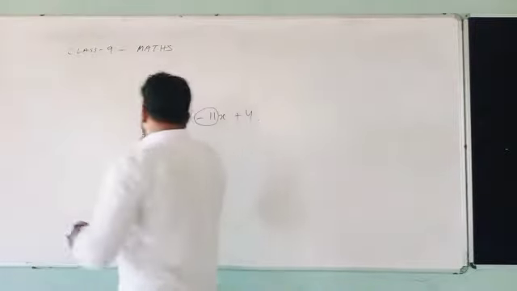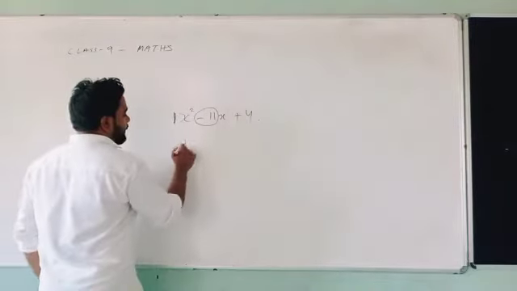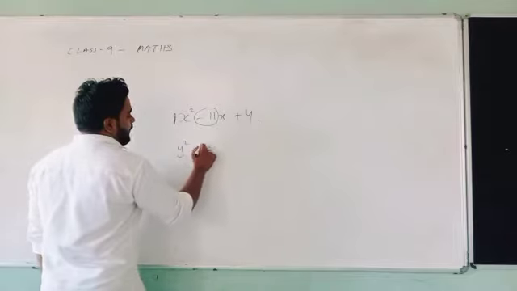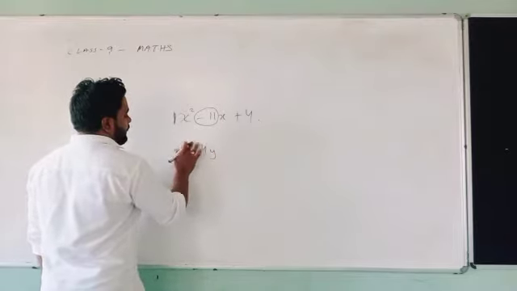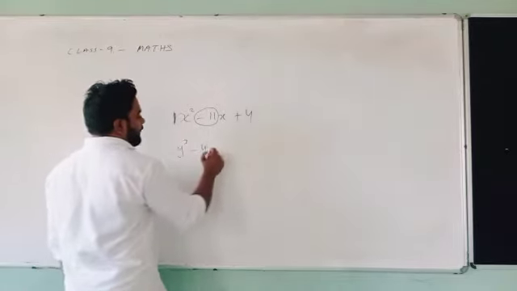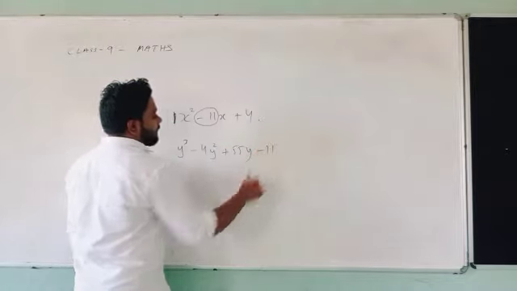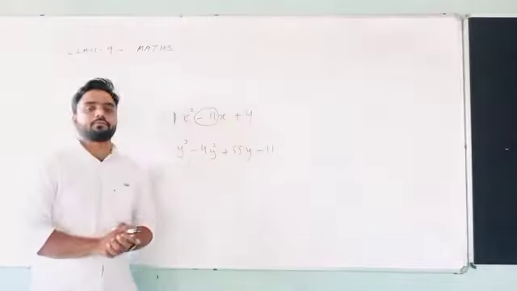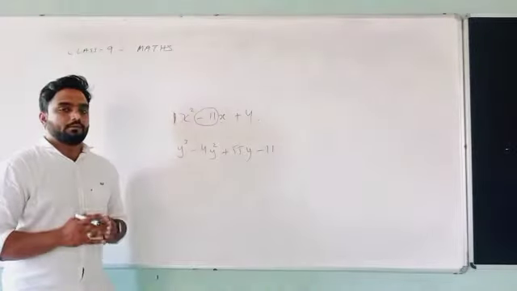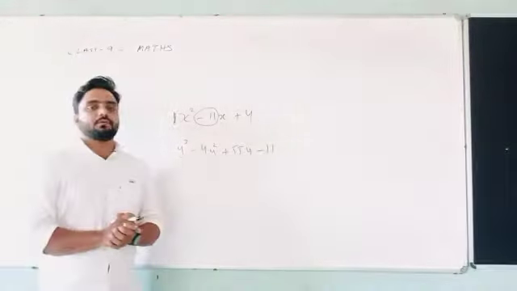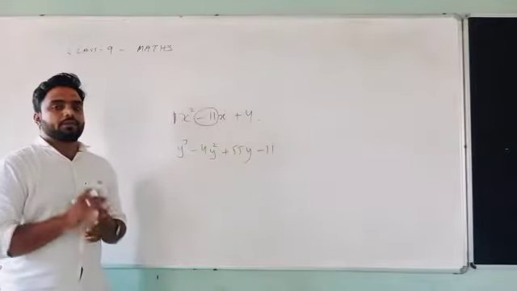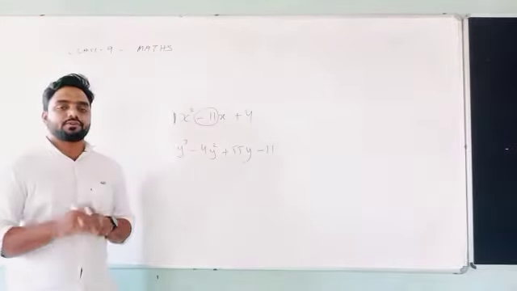एक और example लेता हूँ. Suppose I am taking 5y³ minus 4y² plus 55y minus 11. Suppose I am taking this as a polynomial in one variable. Now here I ask what is the coefficient of y.